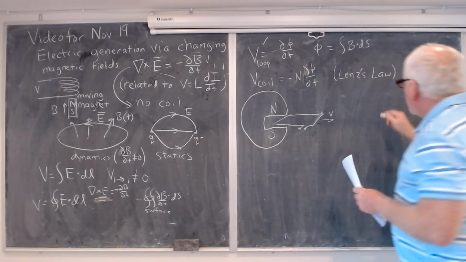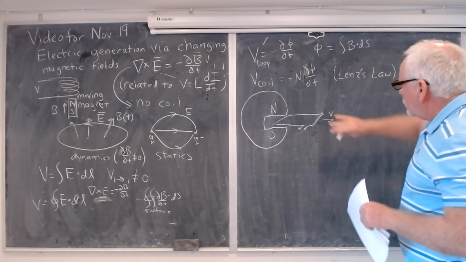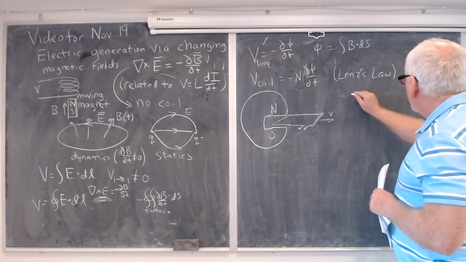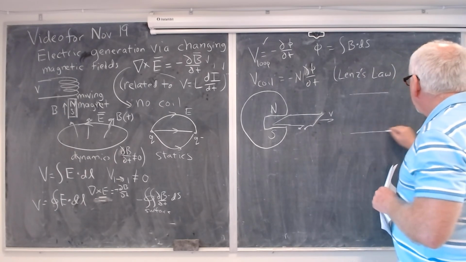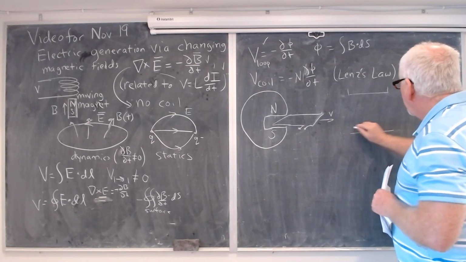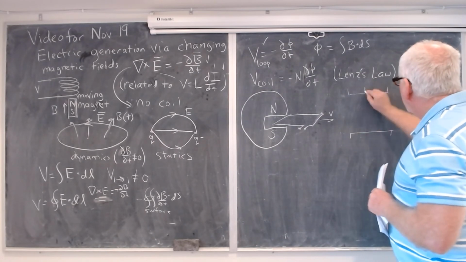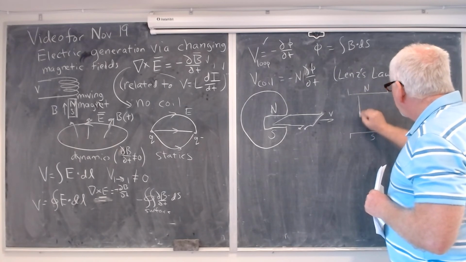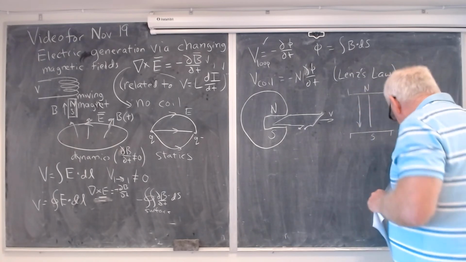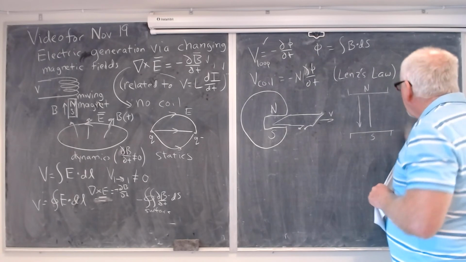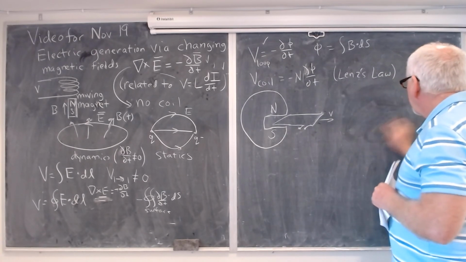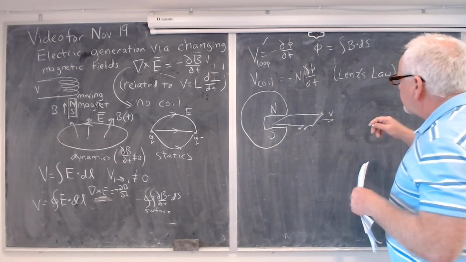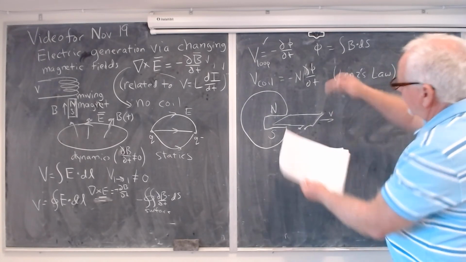And so in the notes in here, I'll redraw this on its side, so to speak. Here's the magnet, north, south. And so there's a magnetic field. Oops, I went the wrong way. All right, we're turning it on its side, and so basically we're turning it this way.